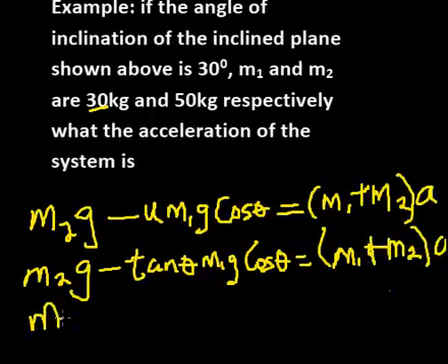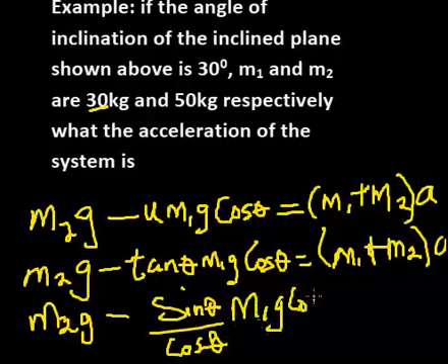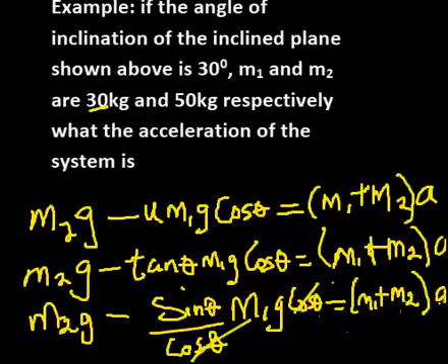Now I want to prove this formula. M2G minus tan theta, which you know is sin theta over cos theta, times M1G cos theta, is equal to M1 plus M2 all multiplied by A. So cos theta cancels cos theta.